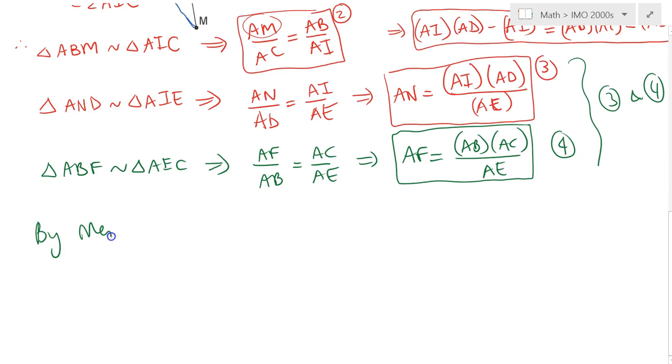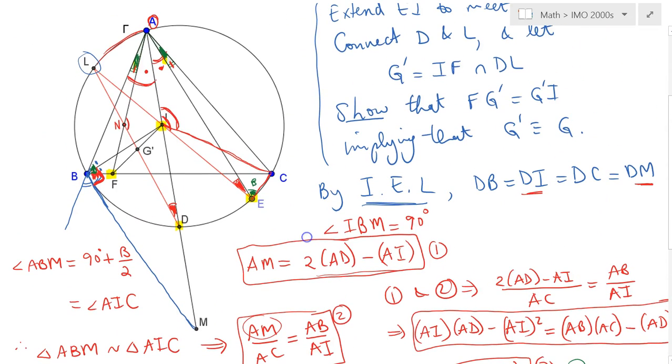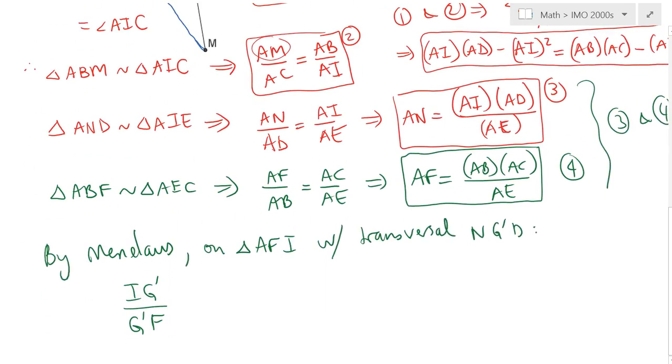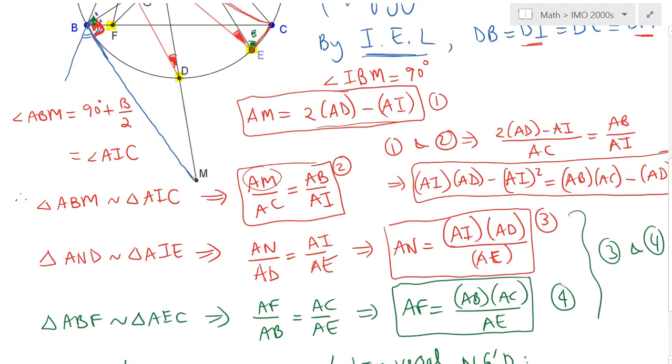By Menelaus on triangle AFI with transversal NG prime D, we get IG prime over G prime F, times FN over NA, times AD over DI, and that's supposed to be equal to 1 because NG prime D is a straight line.